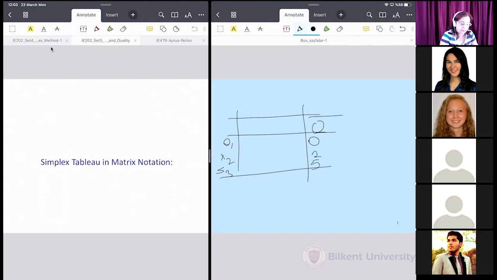And here it was a minimization, so everybody has a negative entry. Let's say X1, X2, S3, A1. X2 should be 0. S3 should be 0, and A1 is 0. Okay, so this is it. Simplex stops like that. Okay?